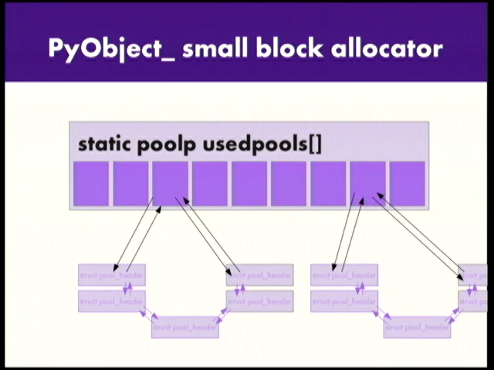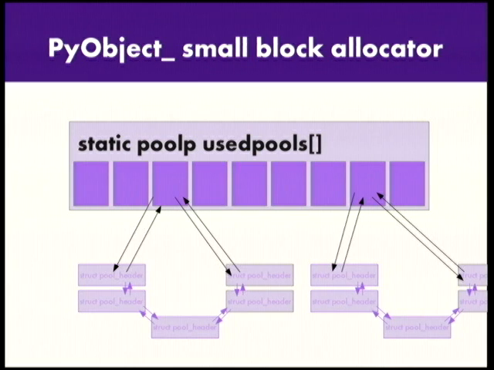And this is actually the first thing that the small block allocator hits. So this is really where I should have started, and it's at the end, but that's how we got here. This is an array of stubs of the heads of these circularly linked lists. And if it's populated, then that means that there is some memory available in it.